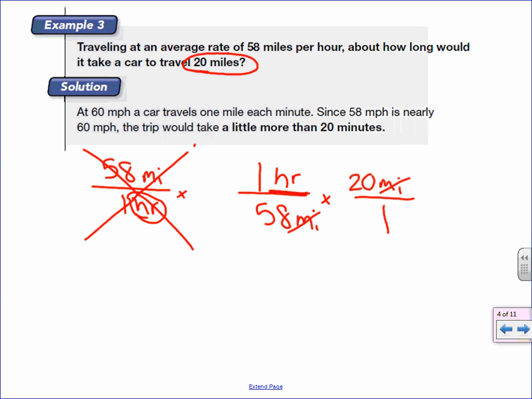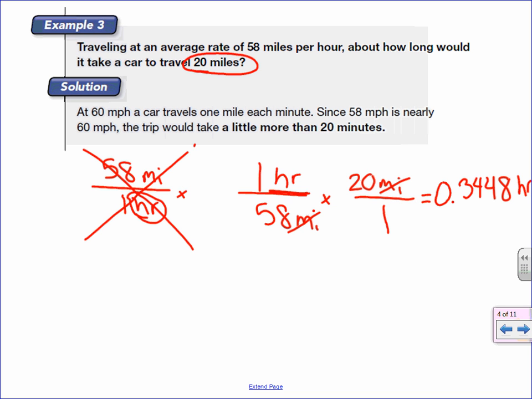So basically what I would do is take 20 and divide it by 58. And if you do that on a calculator, you get 0.3448, and this is in hours.